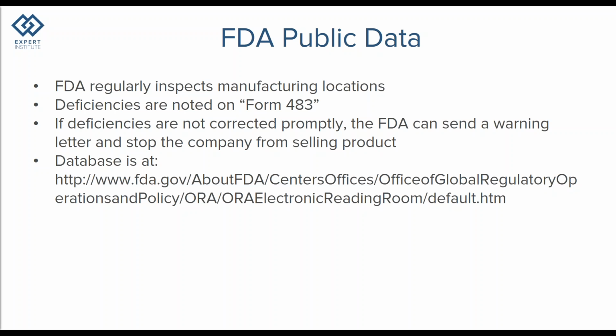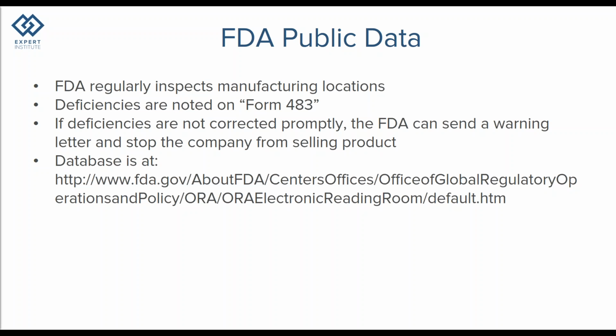And then even a lower risk device, like stents, implants, things like that, most of the companies have been around for a really long time. Companies like Zimmer, Stryker, Ethicon, they will have information in FDA's database if their facilities have been inspected.